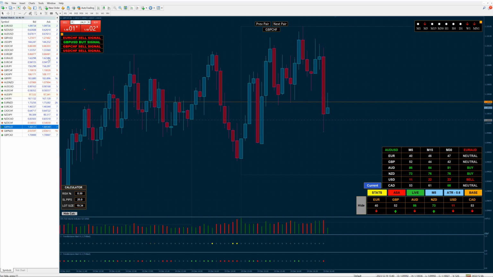This could definitely be a good one. GBP CHF. If this closes right in this area, I might just go right in on this. I know it's another GBP pair, but we'd be looking for 10 pips, put us right back down into this area. I'd be able to reduce my risk very quickly.